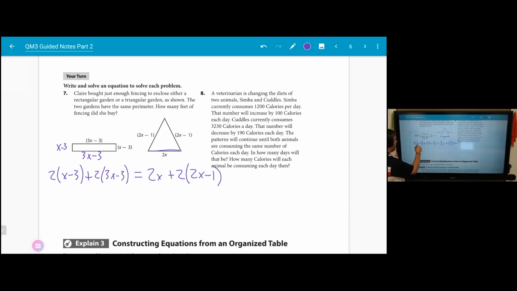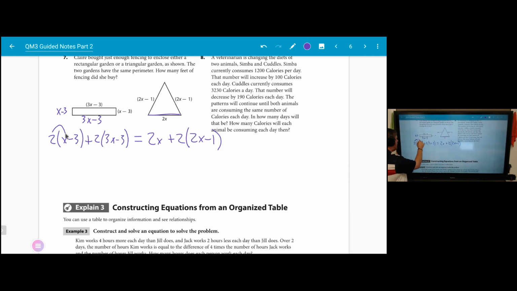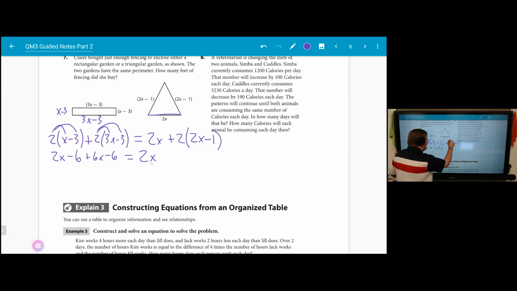If we distribute through here, 2 times x is 2x. 2 times negative 3, 2x minus 6. If I distribute through here, this becomes plus 6x minus 6. On the right-hand side, this 2x stays, but I distribute through here and here, plus 4x minus 2.